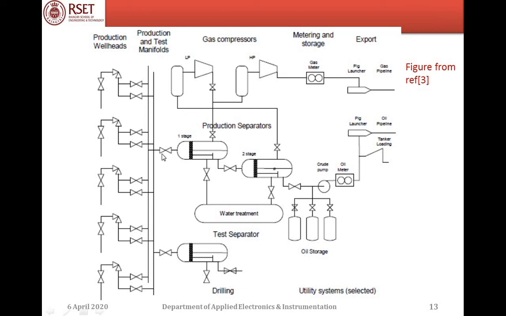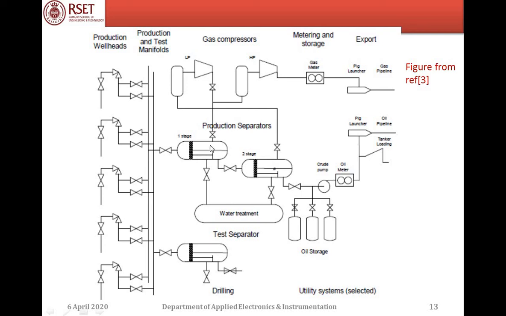Whatever petroleum plus gas is coming from the formation will first enter a production separator. A production separator is a simple vessel. It separates based on the density difference of the material, a simple principle of gravitational separation.